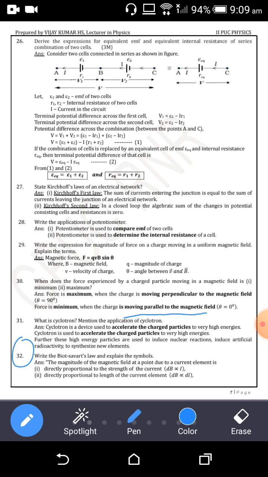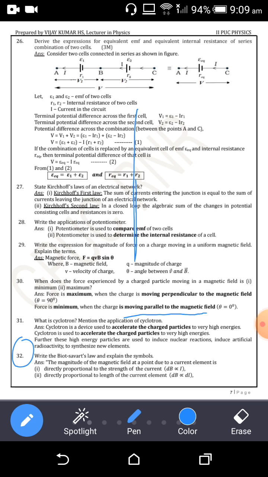The next is: write Biot-Savart's law and explain the symbols. It says that the magnitude of the magnetic field at any point due to a current element is... Why do we use the Biot-Savart law? First of all, to find the magnitude of the magnetic field at a given point due to a current element.